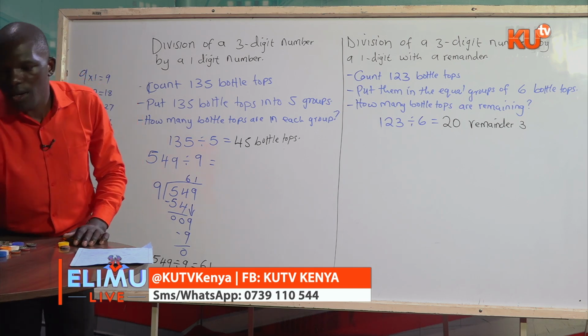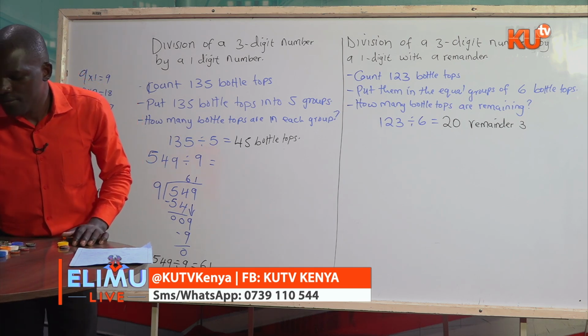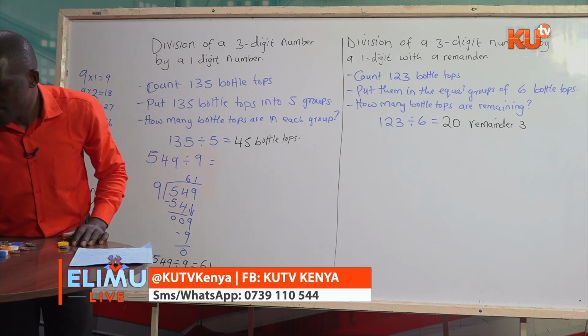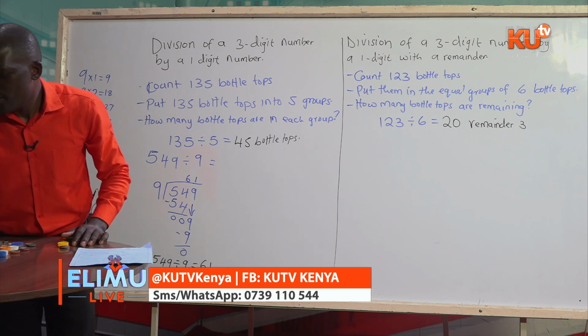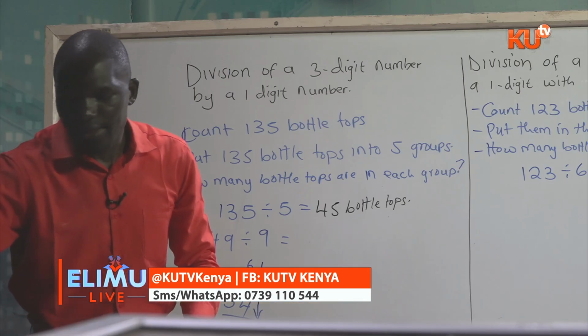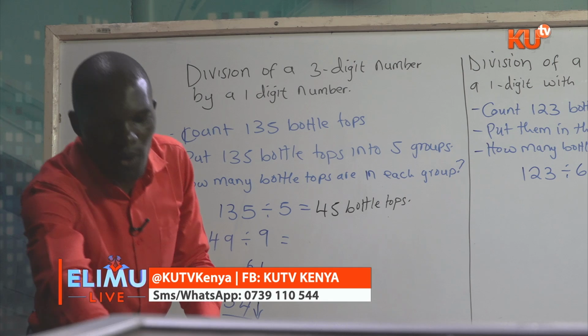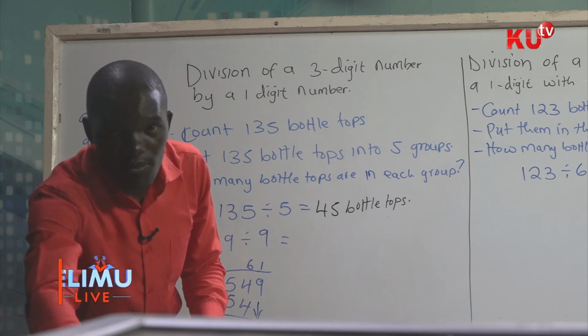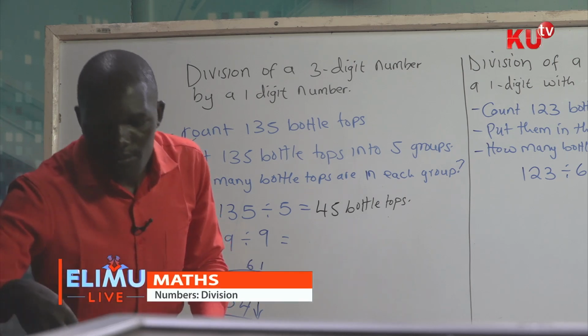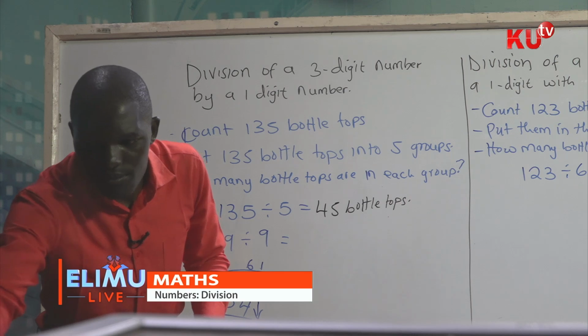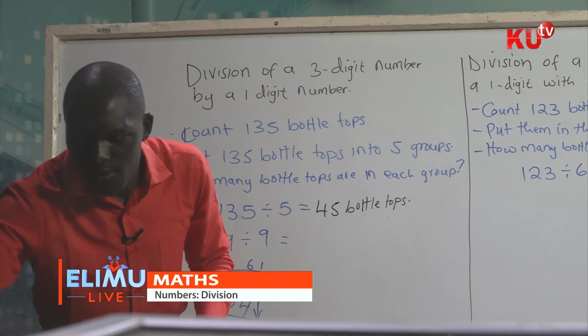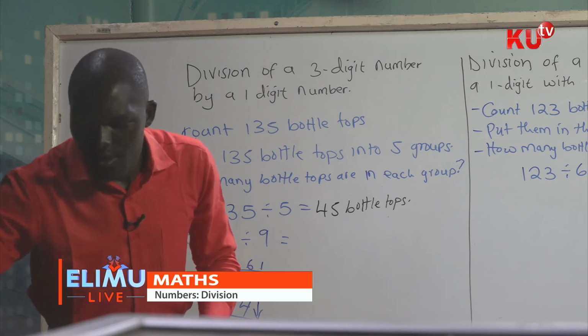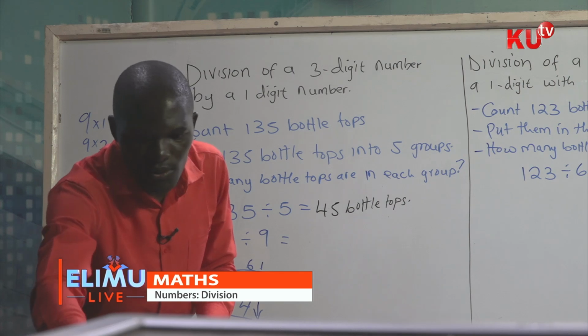Those are 1, 2, 3, 4, 5. Then we have 6. The 6th one is there. And so let us now start sharing equally. We move to line 2.